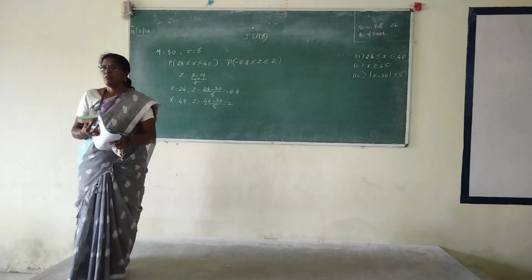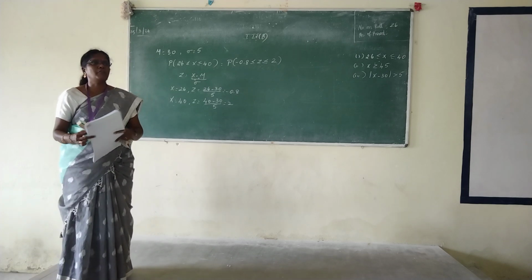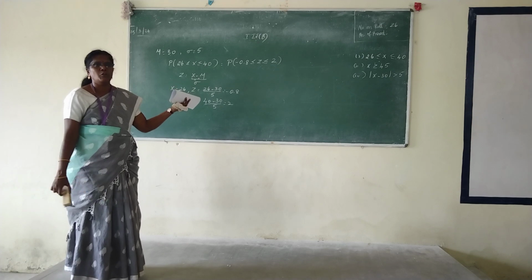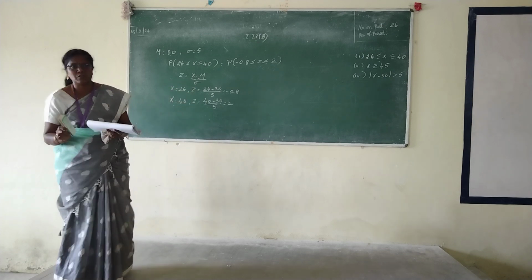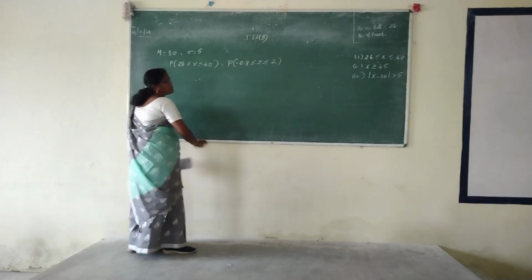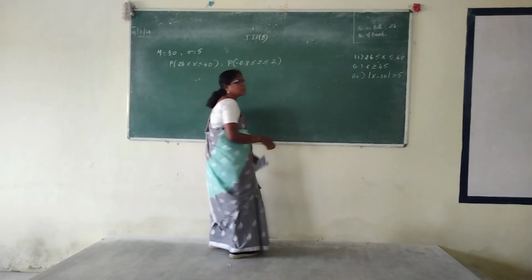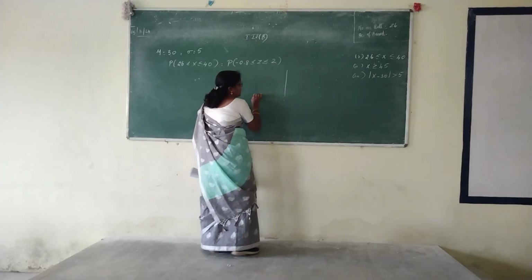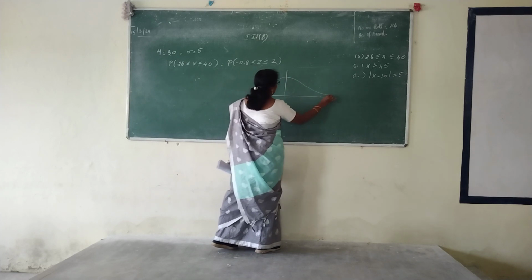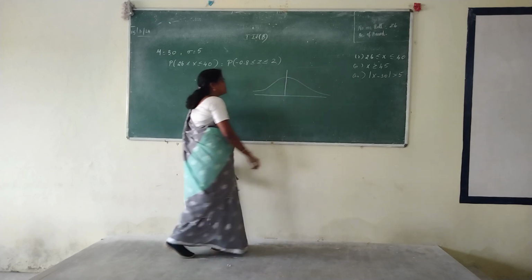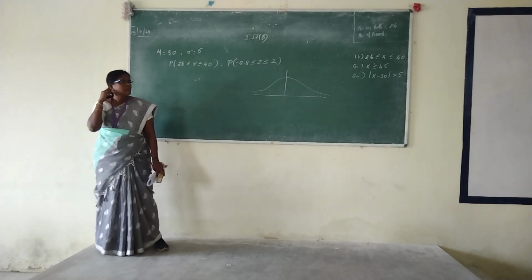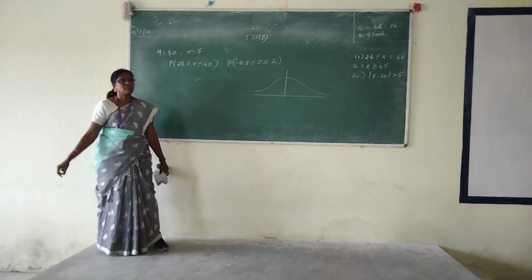The normal table is only for 0 to z. This value is not from 0 to z, so you convert it into 0 to some values. For that, you take the help of your normal curve. For each subdivision, you are supposed to draw your normal curve. Everyone draw it. Mark the points.